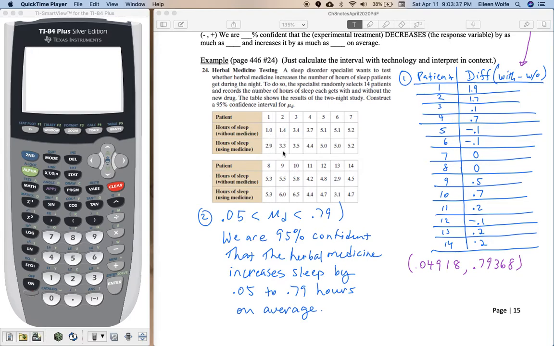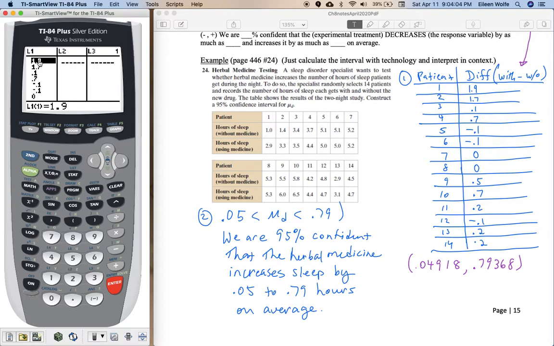Okay, patient number 2, that's a 1.7 difference here, etc. Be careful because depending on the patient and the sleep, maybe the drug wasn't helping and there's a negative for the paired difference. Or maybe you got the same amount of sleep with and without the drug and there's 0 for the paired difference. Anyhow, calculate those 14 differences and then go put them into your stat editor list 1.